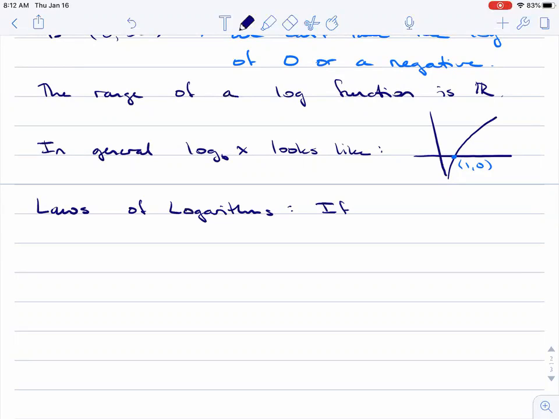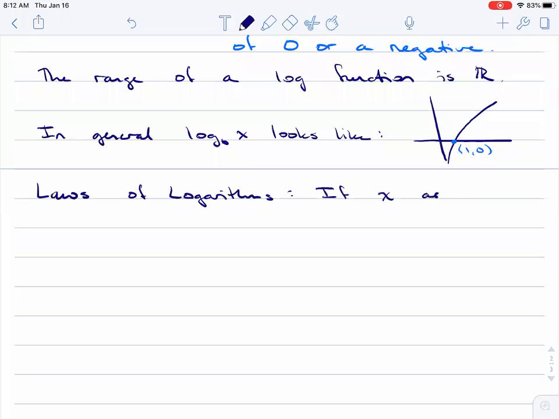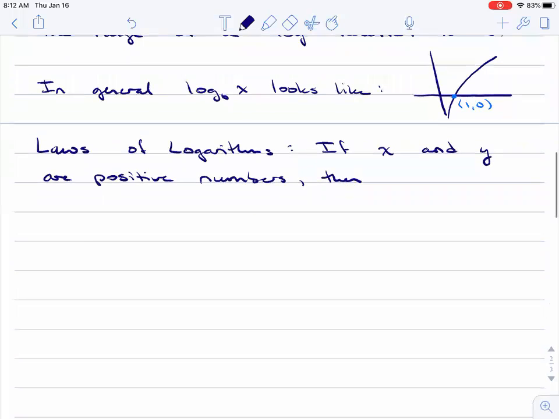If x and y are positive numbers, which is just to ensure that we're able to take the log of these things, it has to be a positive number, then the first rule, or the first law, is that the log base b of x times y can be rewritten as the log base b of x plus the log base b of y.